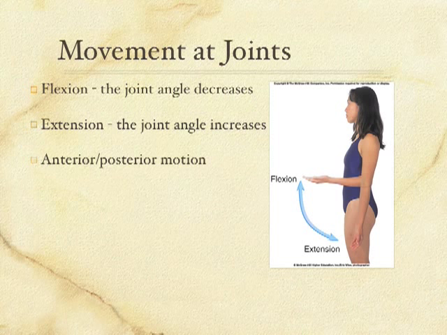I can flex and extend here with my fingers, right, in the anatomical position. The flexing, the joint angles are getting smaller, curling action, right? That's a flexing, and that's a forward motion. And the straightening of my fingers is a backward motion, posterior motion. So all of these joints, basically, when you're describing flexion and extension, are forward and backward, anterior and posterior motions.